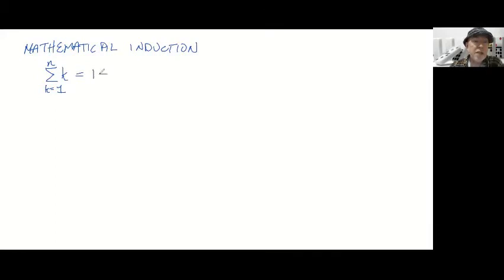And so that expands out to 1 plus 2 plus 3 plus ... and then the last couple in this whole list would be n minus 1 plus n. So that's what this means. We're looking at the sum of the first n positive integers.